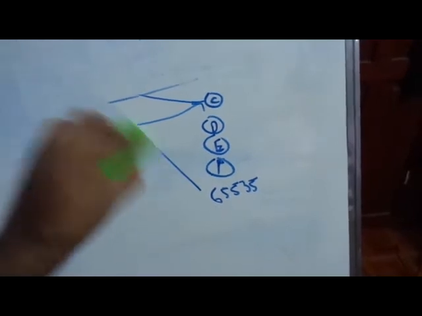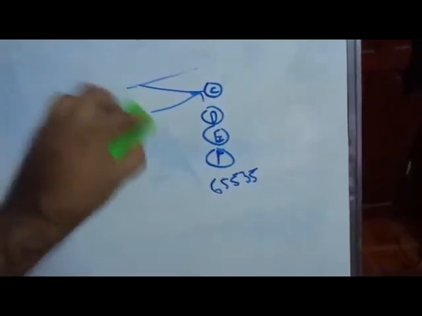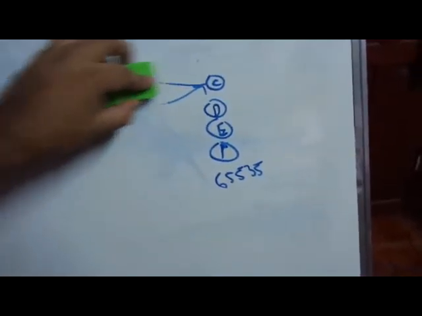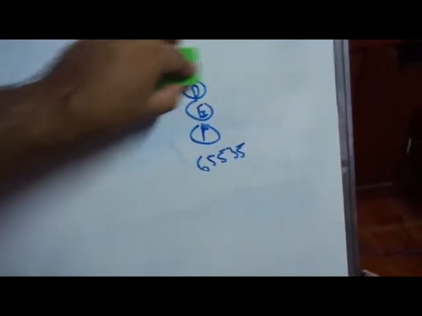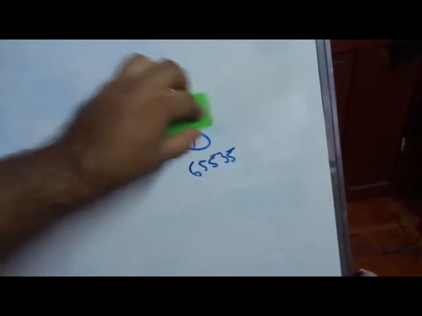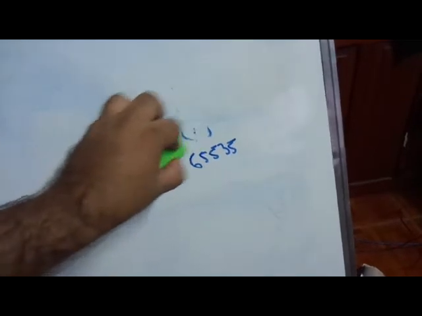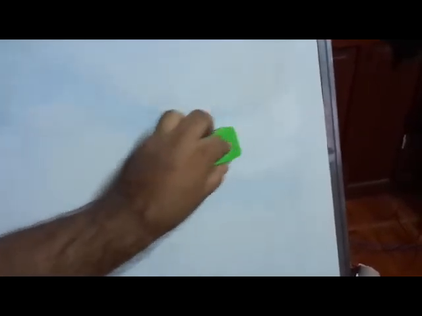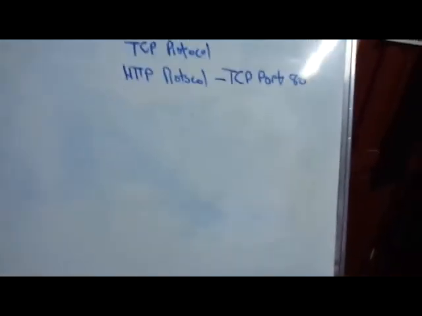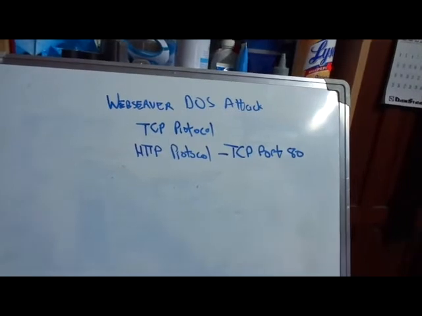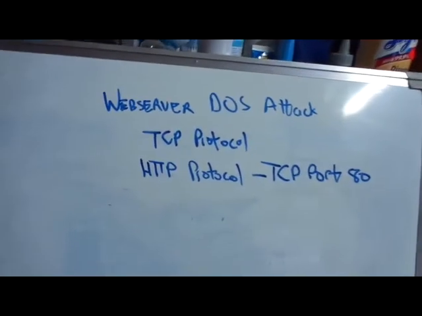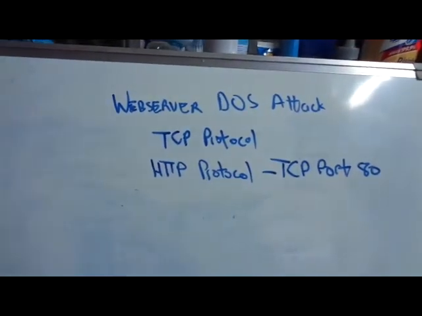Of course, nowadays web servers have mechanisms in place, as well as firewalls, to rate limit how many clients can connect at one point in time, and how many connections are open for a single client. But still, it happens, and this is technically what a simple web server DOS attack does.